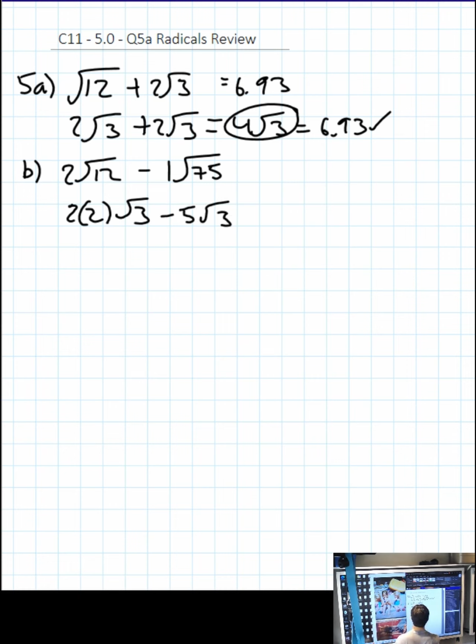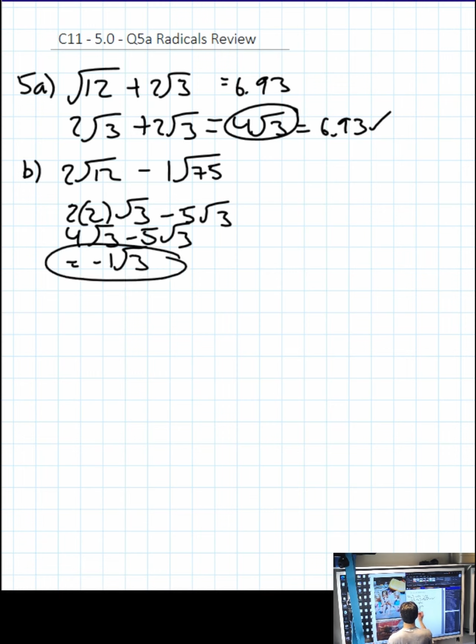So we can clean this up. We have 4 root 3, 2 times 2 is 4, 4 root 3 minus 5 root 3 equals negative root 3 or negative 1 root 3. Circle our answer. Feel free to type that into the calculator to make sure that it is correct.